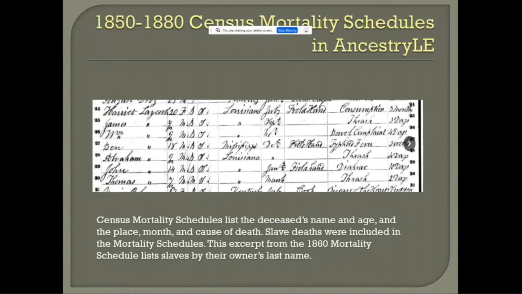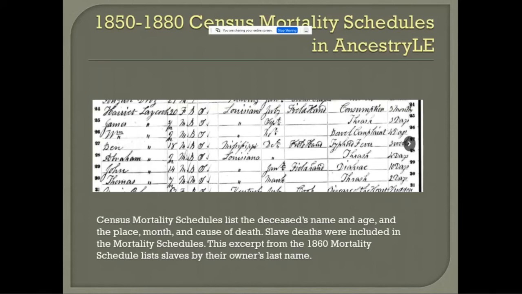And you will notice several children died of thrush. So they had a thrush outbreak, which is sort of bad. And back in the day, if you got it, especially if you were malnourished and poorly cared for. And these only record deaths within a year of the census date. So if this is 1860, these are people who died late 1859, early 1860.